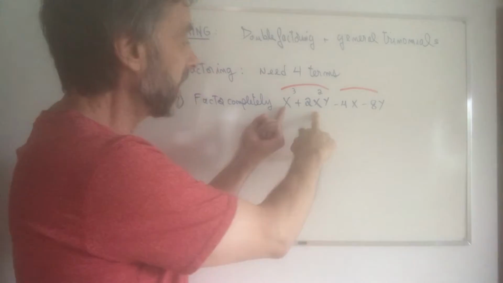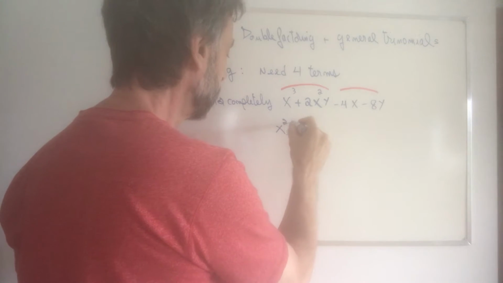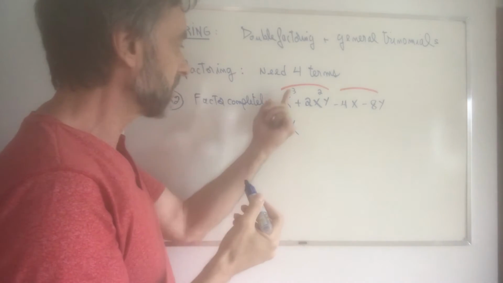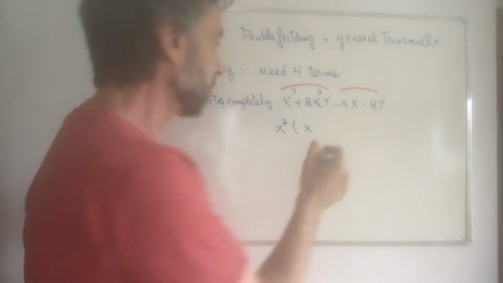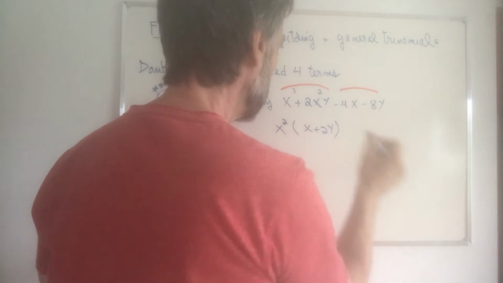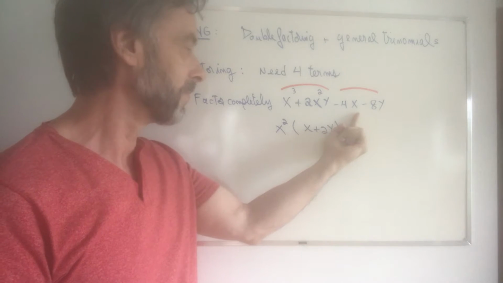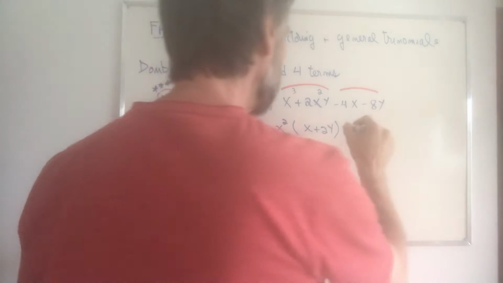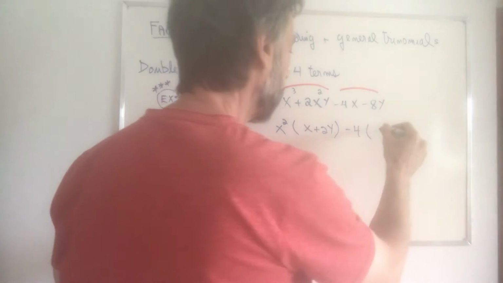So what's common between x cubed and 2x squared y? Certainly an x squared, right? So x cubed divided by x squared is x. 2x squared divided by x squared is plus 2y. Good. What is common to minus 4x minus 8y? Well, I would say minus 4, right? Take away minus 4 from minus 4x.